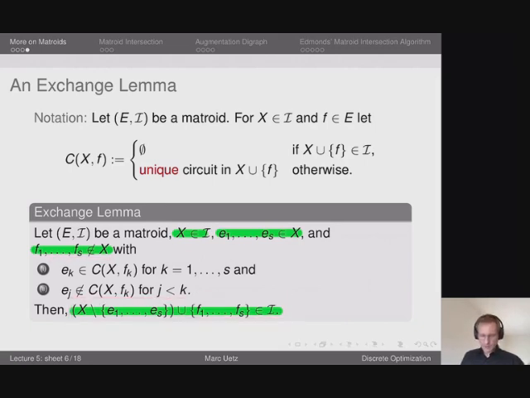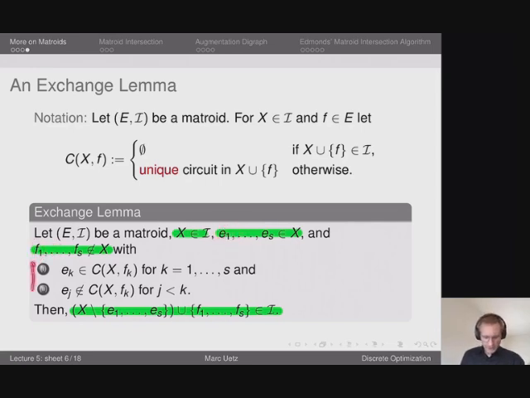Okay, so I started out with an independent set. At the end, I will again have an independent set, and I will have exchanged all the elements E by all the elements F. And I just do that, or you should think of doing that one by one. So I'm exchanging E1 by F1, E2 by F2, and so on.